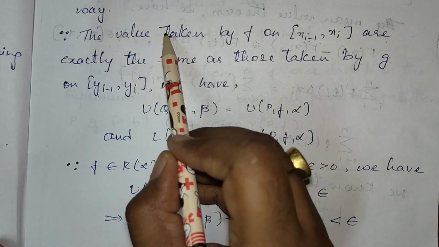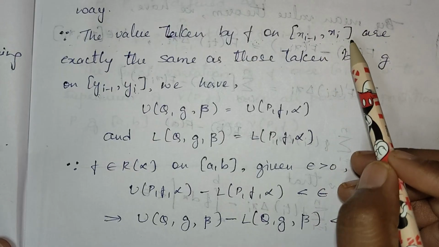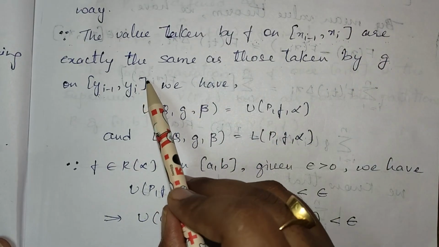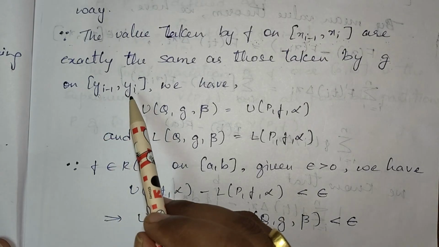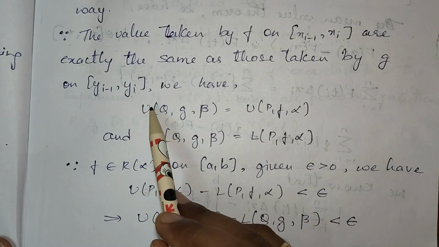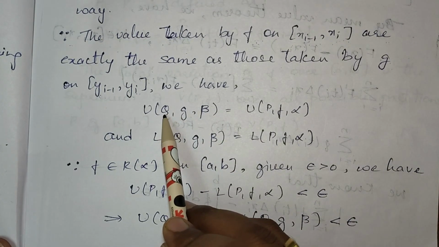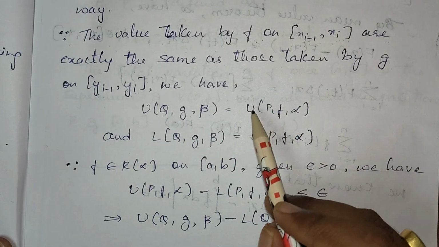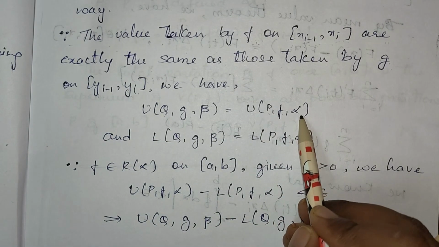Hence the upper sum of g with respect to beta and the partition Q is the same as the upper sum of f with respect to P and alpha.